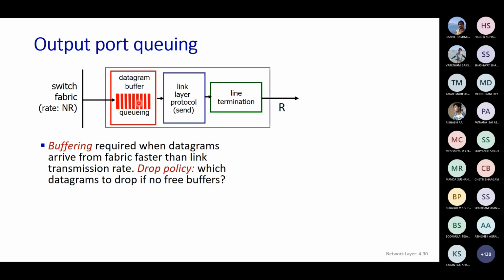Depending upon how prioritized the customers are, you will simply drop the packets of those customers whose packets do not have that much priority, right? So you must have some kind of a packet drop policy for this. Okay.